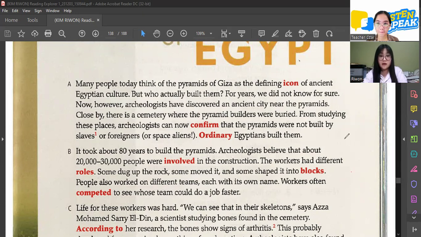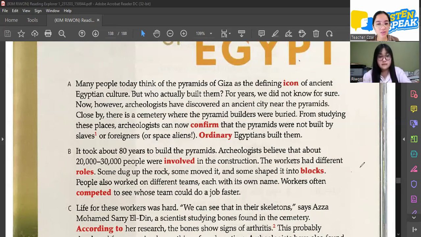Some dug up the rock, some moved it, and some shaped it into blocks. People also worked on different teams, each with its own name. Workers often competed to see whose team could do a job faster.